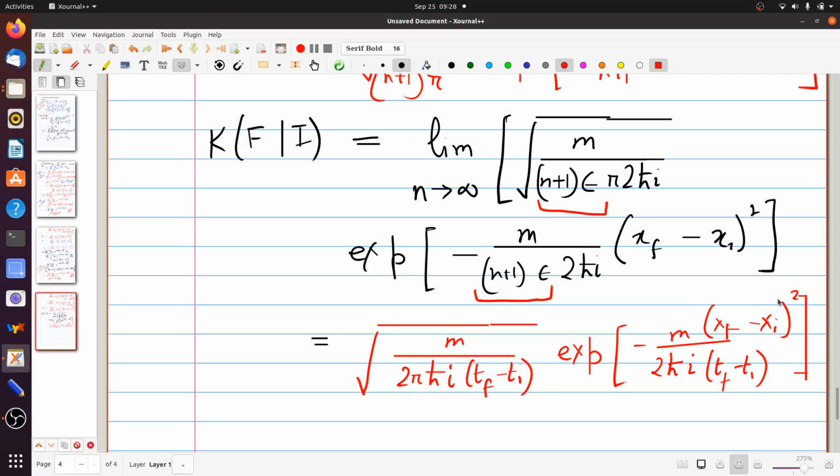And just to remind you once again, this m into xf minus xi by 2 tf minus ti is nothing but the action for the classical path.